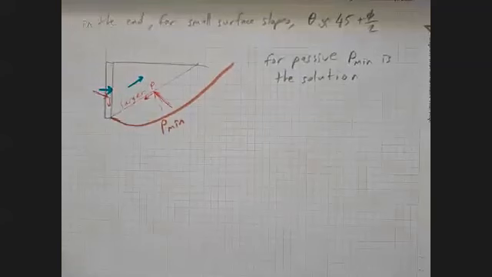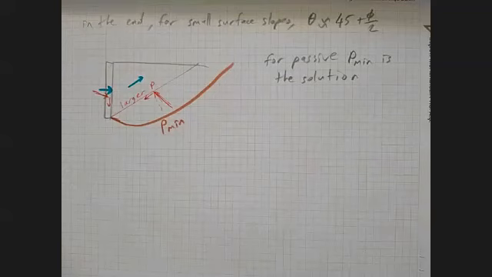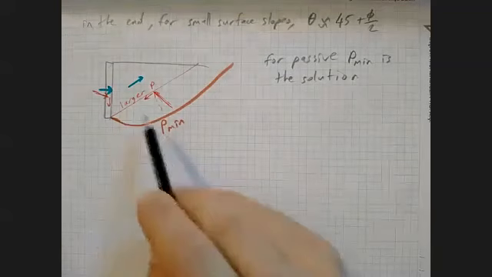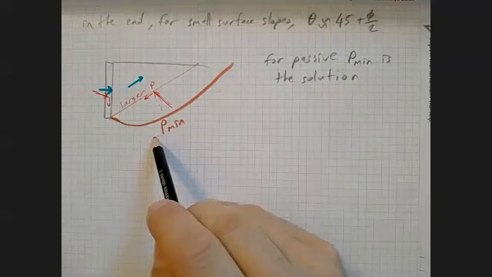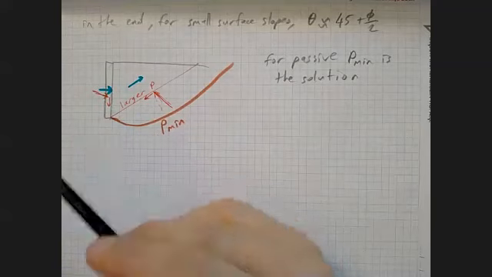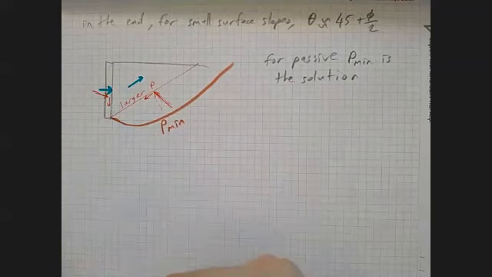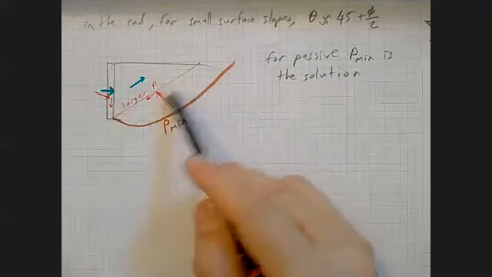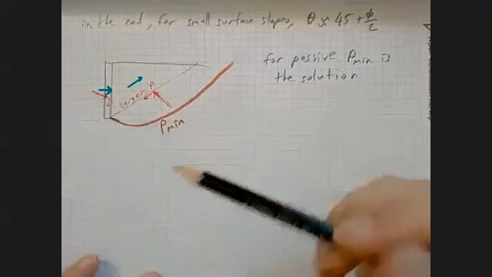Okay, so we are off. Not only off, but usually passive is a term of resistance. So here you overestimate resistance of something, which is not good.